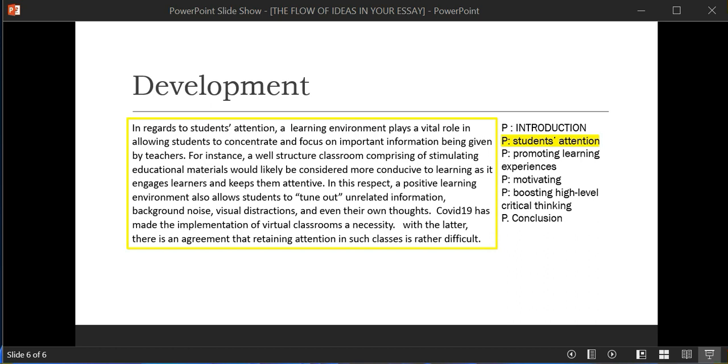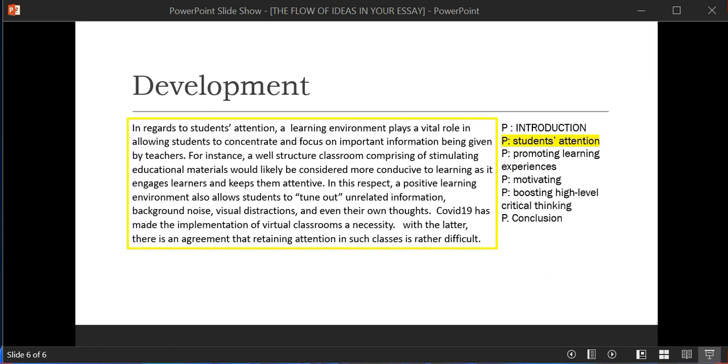For instance, a well-structured classroom comprising stimulating educational materials would likely be considered more conducive to learning as it engages learners and keeps them attentive. So this is at least what is going to happen in an environment. In this respect, a positive learning environment also allows students to tune out unrelated information, background noise, visual distraction, and even their own thoughts.